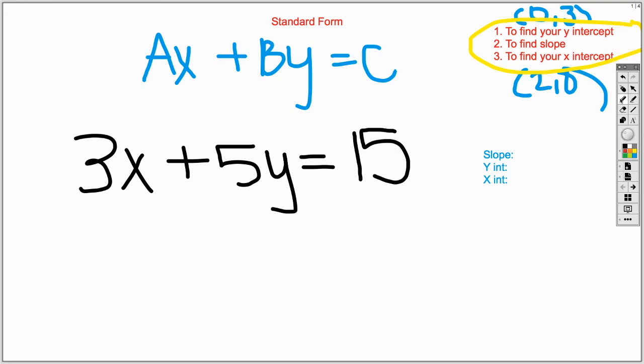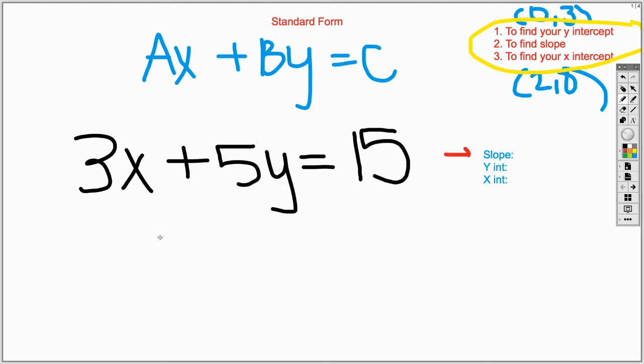One way is way more convenient, and the other way takes up a lot of time. First I'm going to teach you the more convenient way, and if you understood it, then that's great. It's good to go. And then I'll teach you the less convenient way. So let's start off with slope.